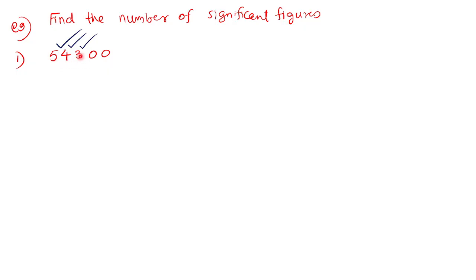There is no decimal point, so these are not trailing zeros. They are non-significant. Two types of zeros are significant: middle zeros and trailing zeros. So how many significant figures are there in this number?